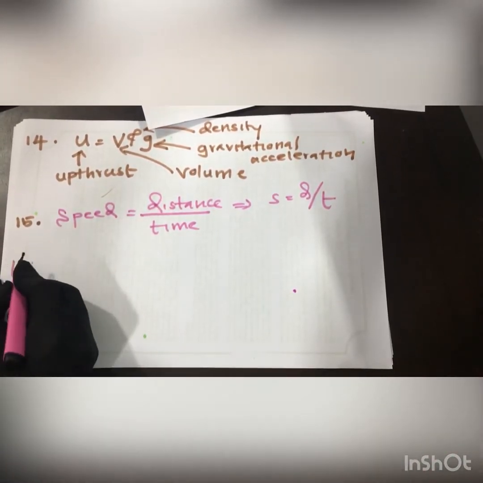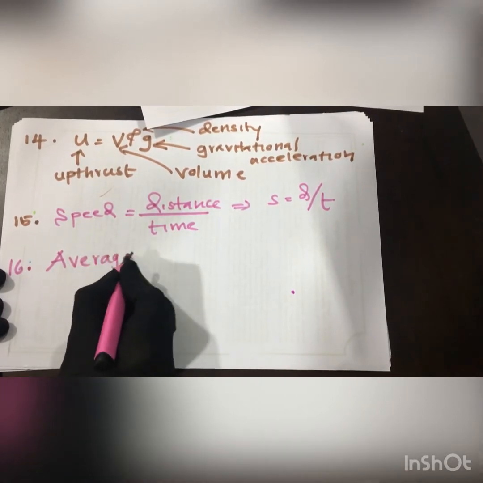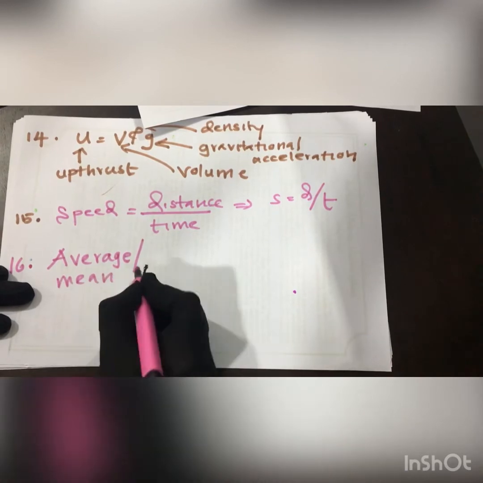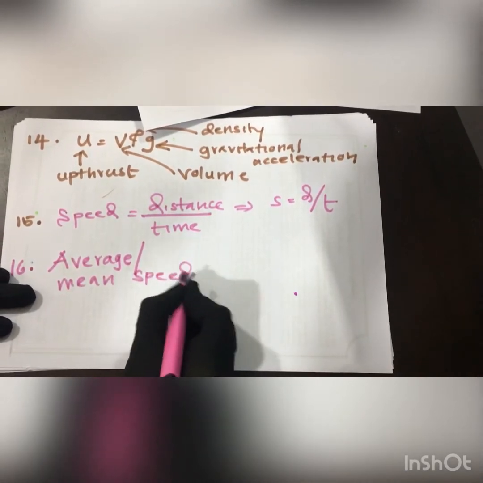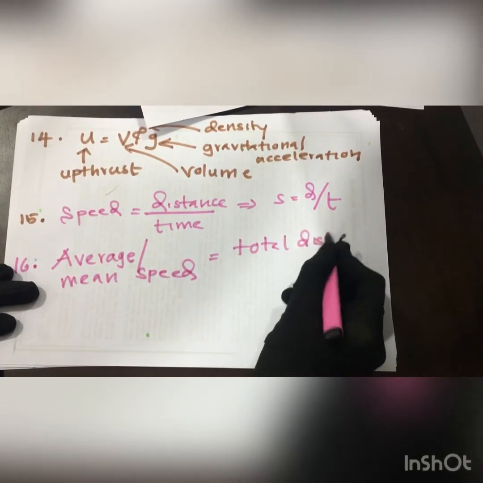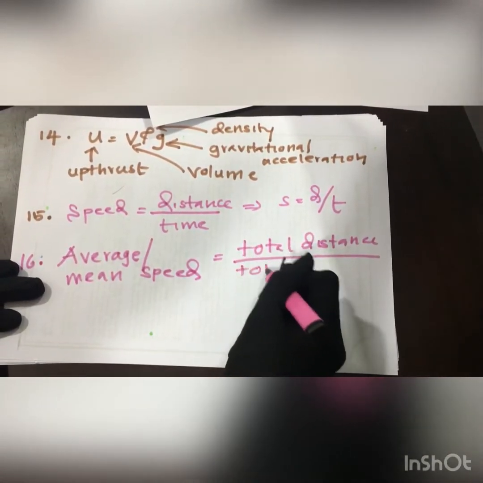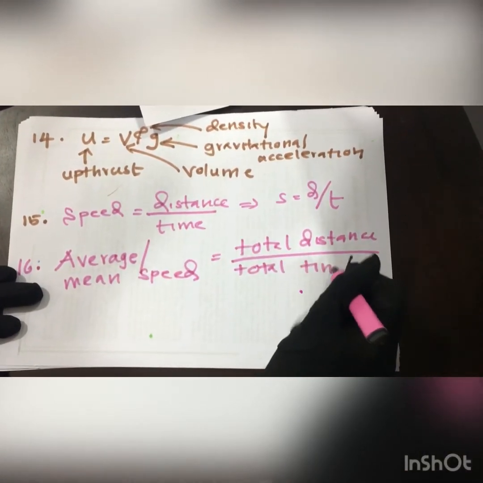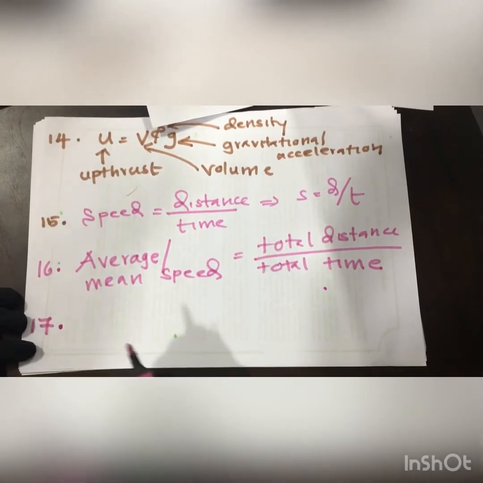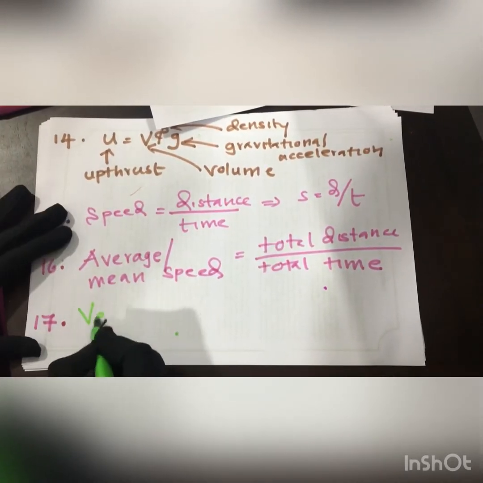Then the 16th equation is the average speed, or the mean speed. Average or mean speed equals the total distance over total time. And the 17th equation is velocity.